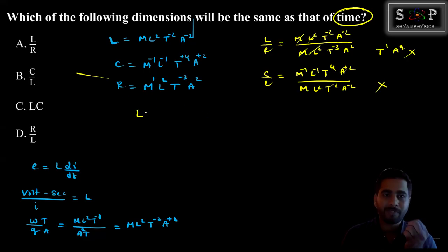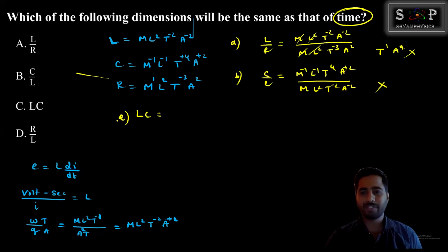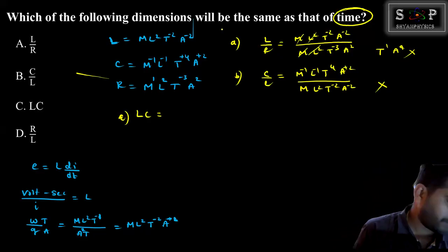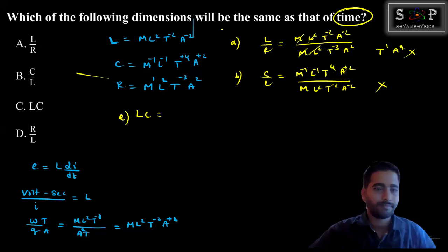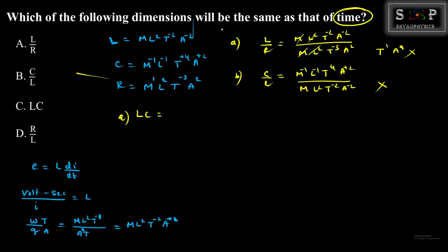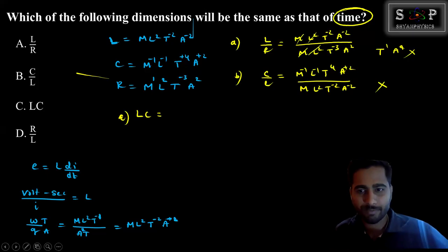Next one is LC, multiplication. Option A not matching, option B not matching, option C not matching. In the sense of multiplying and dividing, we should get the same answer, right? For that reason I'm suggesting. Okay, just a minute. Sorry for the small disturbance.